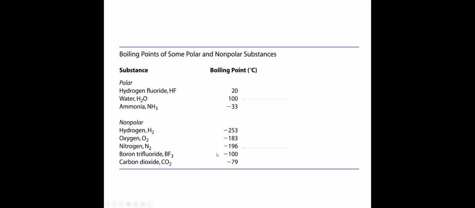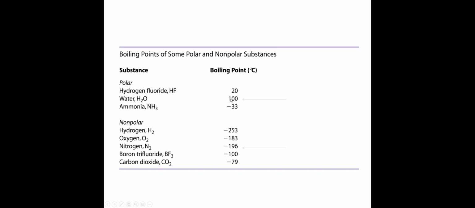And to make a point of this, let's look at some polar molecules. Hydrogen fluoride is about the most polar molecule that we can get, and its boiling point is about 20 degrees. That might seem kind of low, but compared to the values here for nonpolar molecules, that's much higher.